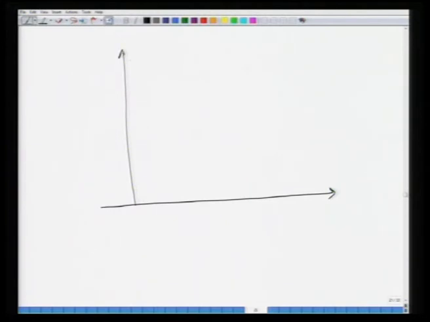So, if you plot now, we know that chi is equal to M by H. If we just plot M versus H, let us say for vacuum it would be something like that, and chi is equal to 0.